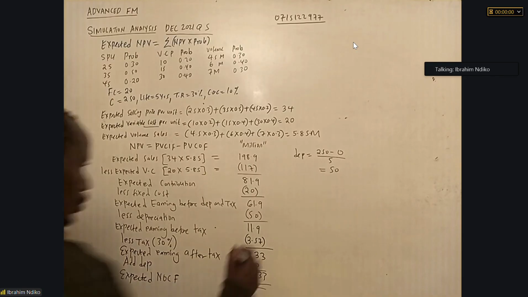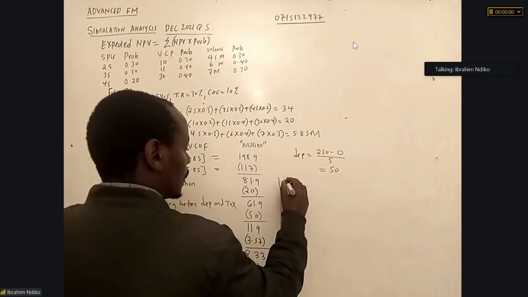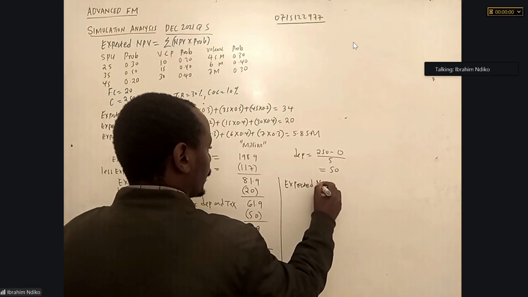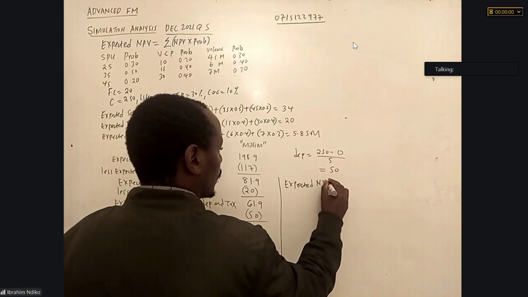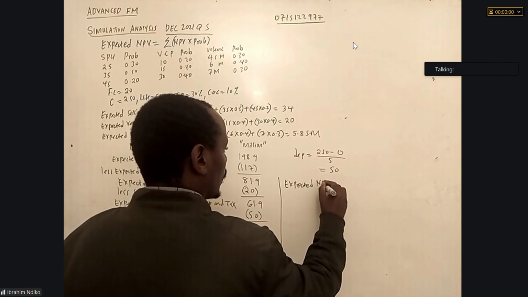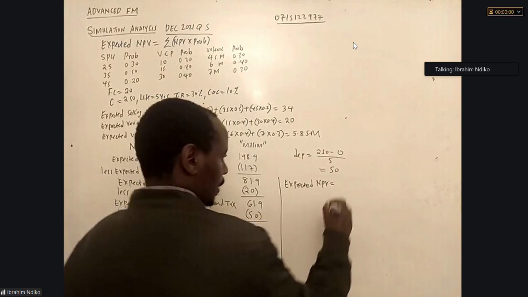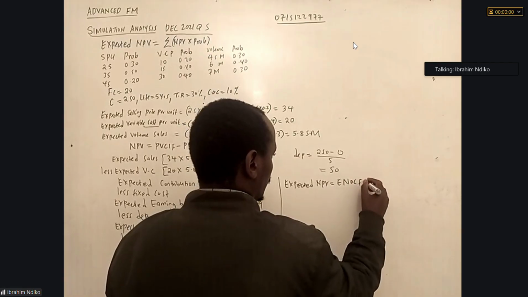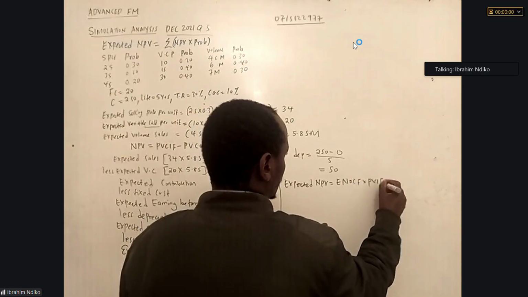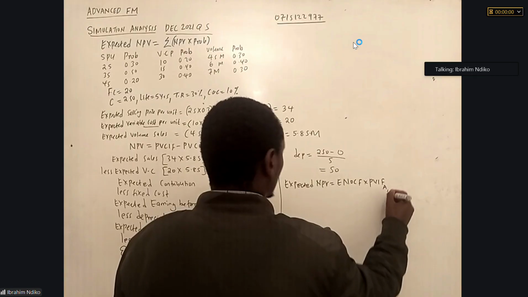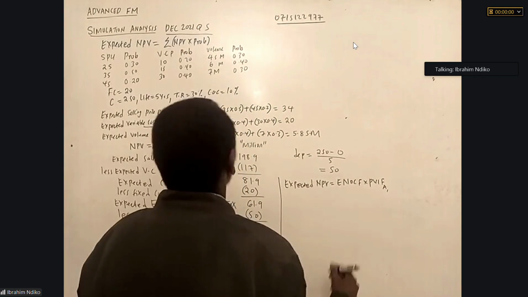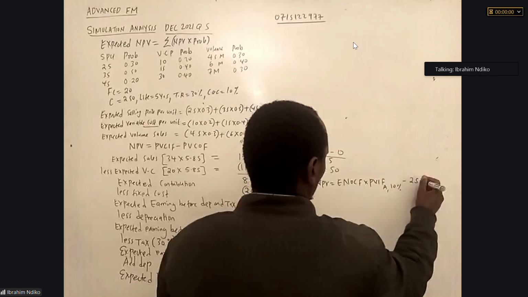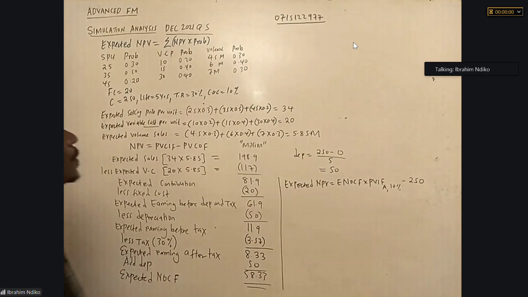Yes. So kumaanisha now for us to get expected NPV, tutachukua expected NOCF with the present value interest factor, annuity, rate was 10%, minus 250. That was the cost.